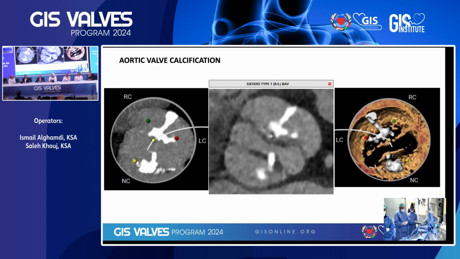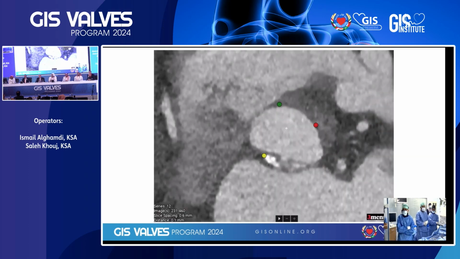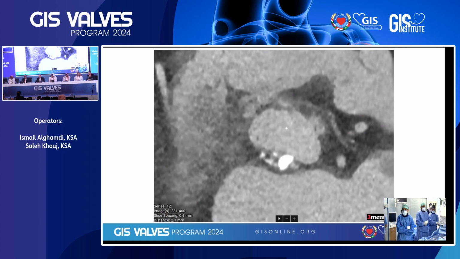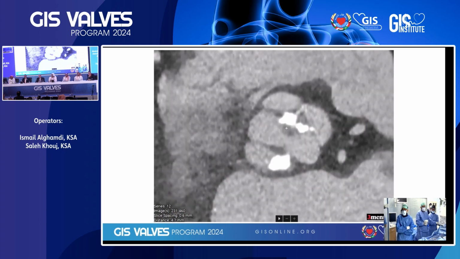This is the appearance of the valve, which showed a bicuspid aortic valve with fusion of right and left, and a calcified raphe also. Next. This is a video showing from the annular to subannular with measurement, so we will see it in the next slide also.